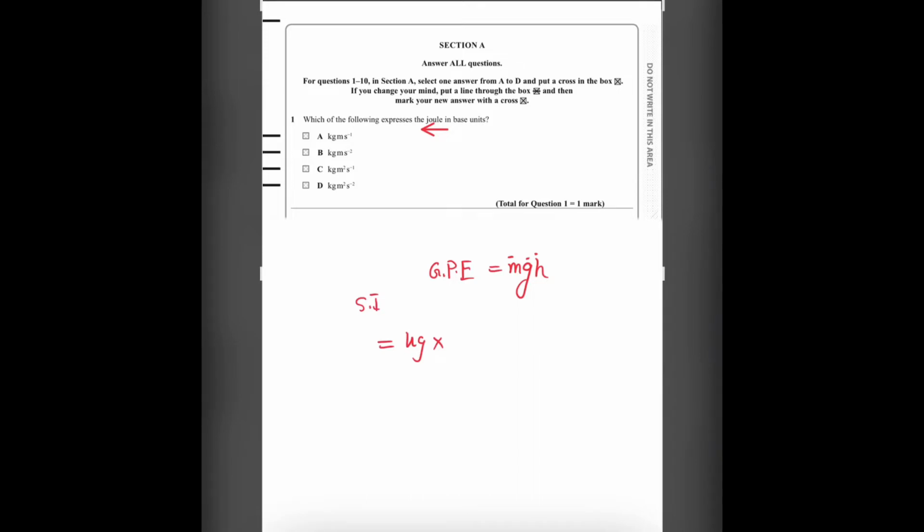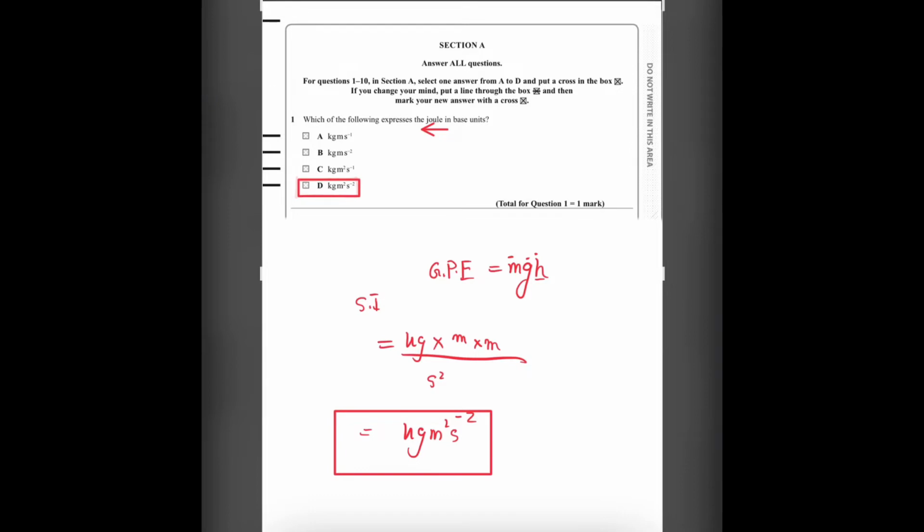So g is meter per second squared, and h is in meters, since it is height. So the answer will be kg m squared s to the power minus 2. What matches with this one? Option D. So the answer to this question is option D.